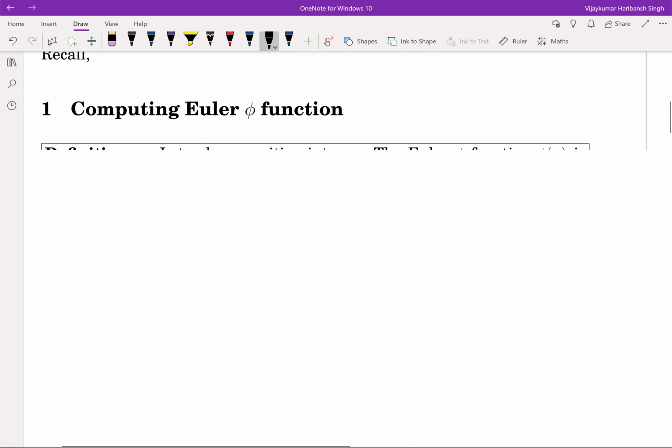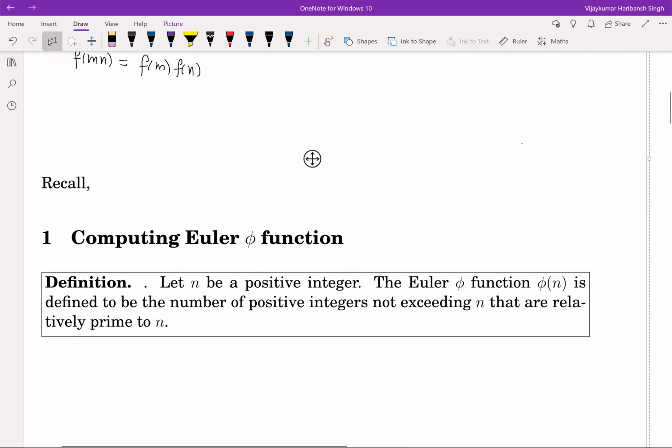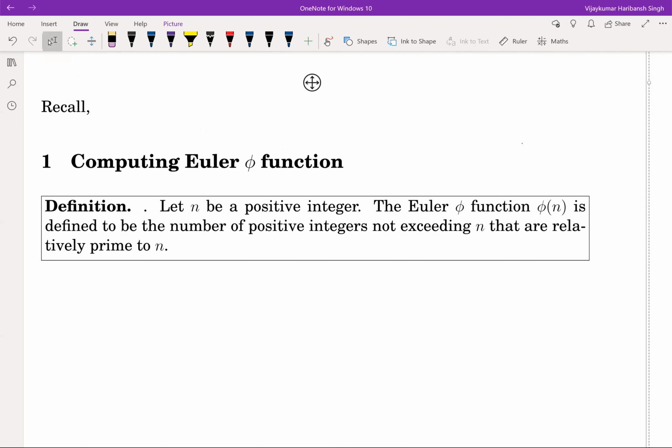First, let's recall what the Euler phi function is. Again, the Euler phi function is defined for positive integers. It's also an arithmetic function. The Euler phi function phi of n is defined to be the number of positive integers not exceeding n that are relatively prime to n. So what does it mean?